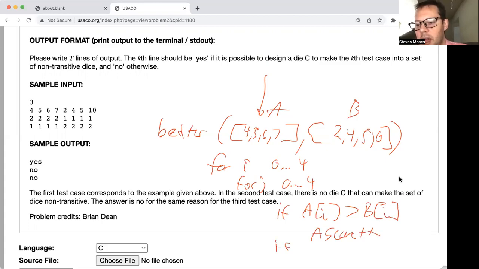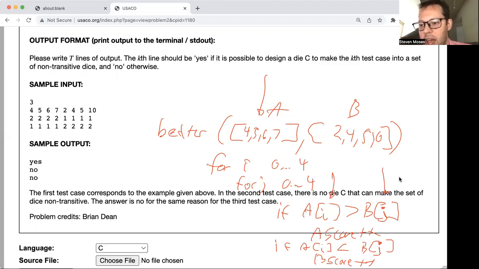Otherwise, if A at I is less than B at J, then you'll do B score plus plus. Basically, comparing A at I versus B at J in your list. If A is strictly larger and not equal, then that's a point for A. If B is strictly larger and not equal, that's a point for B. Once you get done, if A score is bigger than B score, then we're going to return true. Otherwise, if B score is bigger than A score, we'll return false.